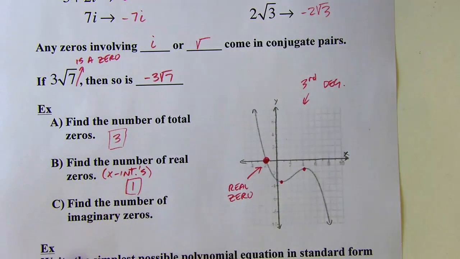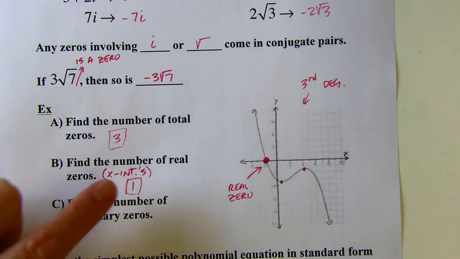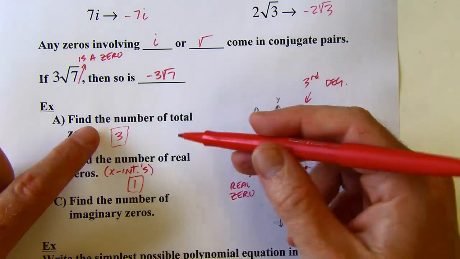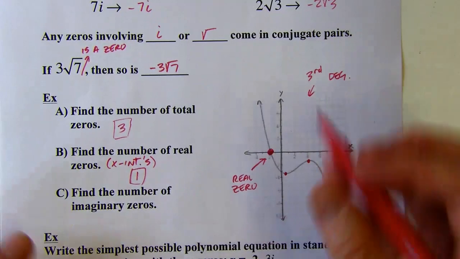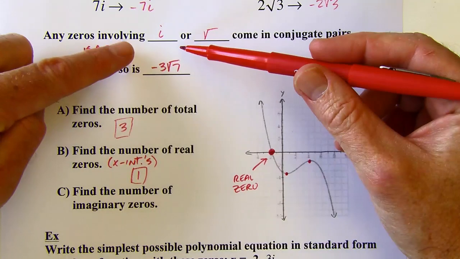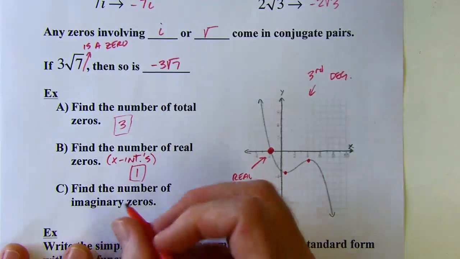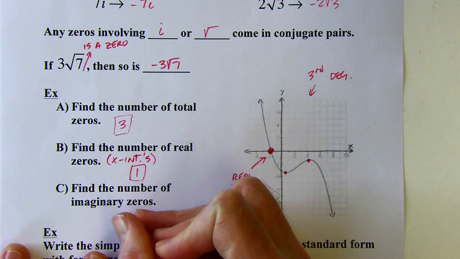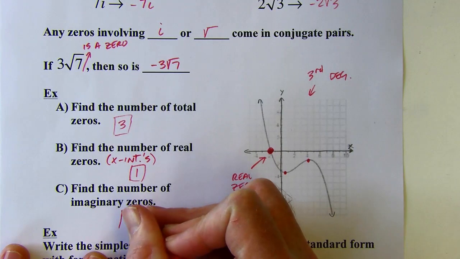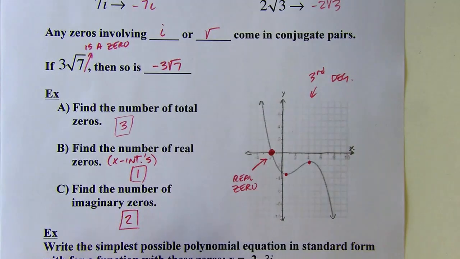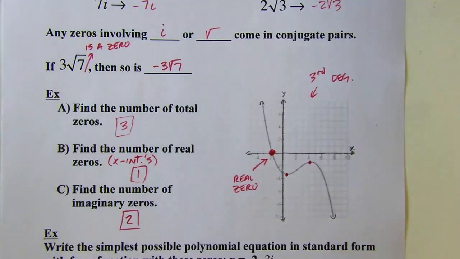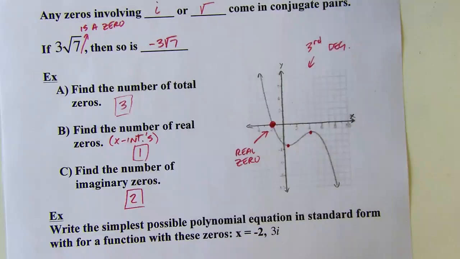Well, the other 2 are going to be imaginary. Since only one of them is a real x-intercept, the other 2 are going to be imaginary. And those imaginary ones should always come in conjugate pairs. They're going to come in pairs. So it makes sense that there would be 2 of them. There's never going to be one imaginary zero or 3 or 5 or 7. They come in pairs, so it's always going to be an even number. Or you could have 0 imaginaries, but there we go.